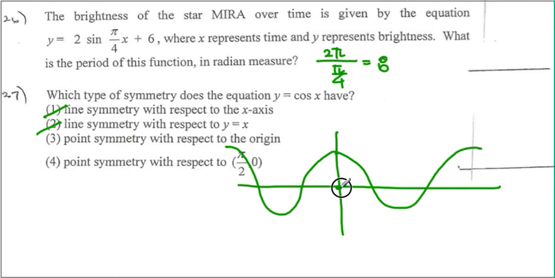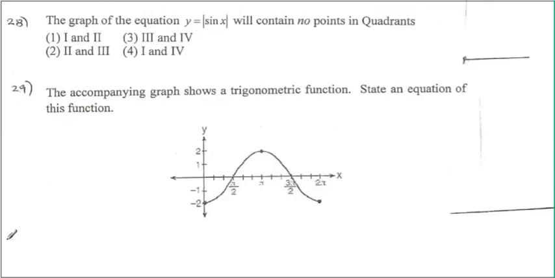If it were point symmetry about the origin, then I should have a corresponding point to this one on the other side. That doesn't make sense either. Point symmetry about pi over 2 comma 0. Pi over 2 comma 0 is right over here. And yes, there is a point symmetry because everything is reflecting about this particular point, or any other points for that matter. So therefore, choice 4 becomes our answer.